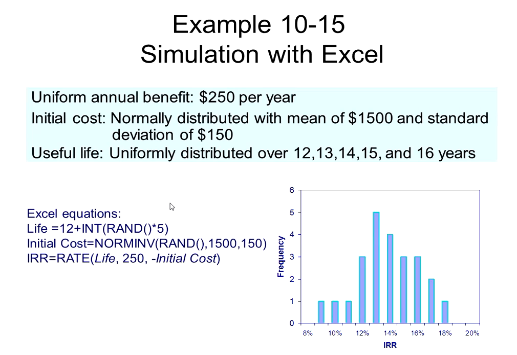But then, of course, we also have this initial cost. And we know how to generate uniform values, but if we have an inverse, we could plug the seed into the normal inverse and then get the normally distributed values.